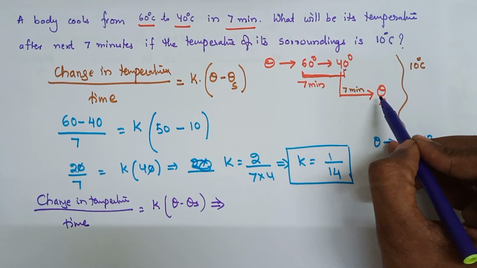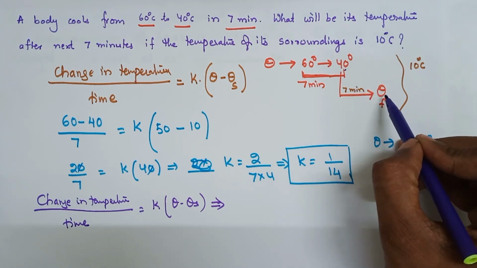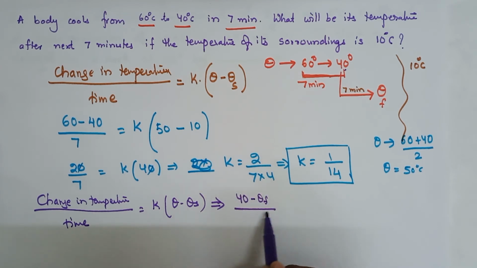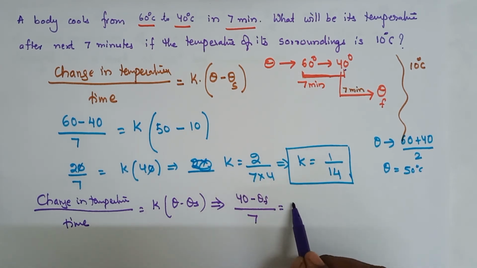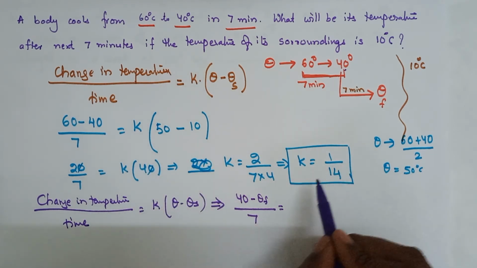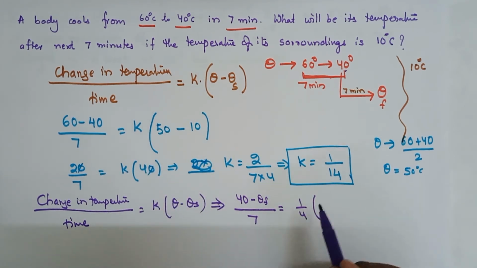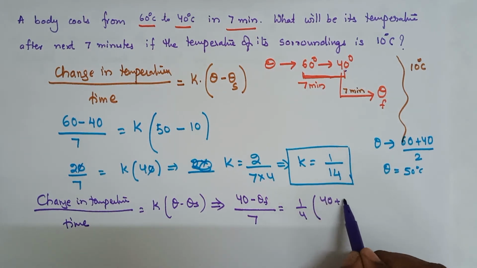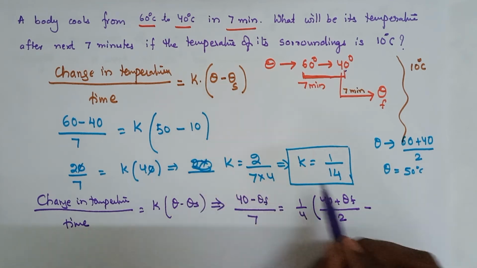In the next 7 minutes the temperature falls, so we write 40 minus theta final by 7 minutes is equal to k value, already obtained 1 by 14, and for the average we take 40 plus theta final by 2 minus theta surroundings 10.